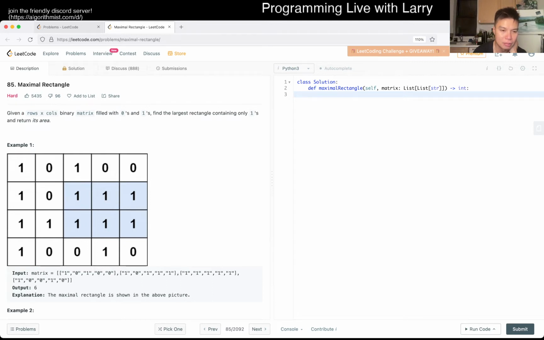Okay, stepping back a second. Let's say we brute force on the rows.